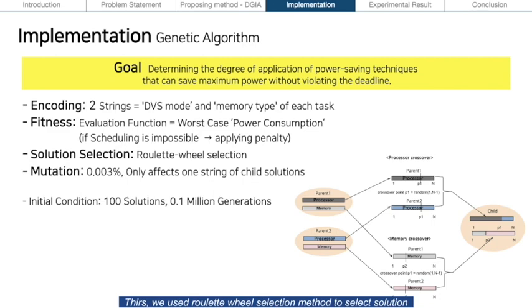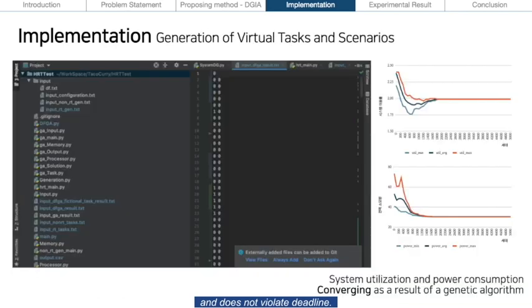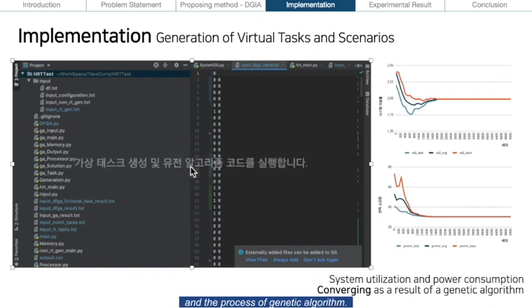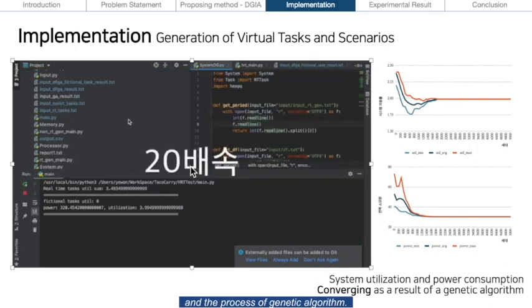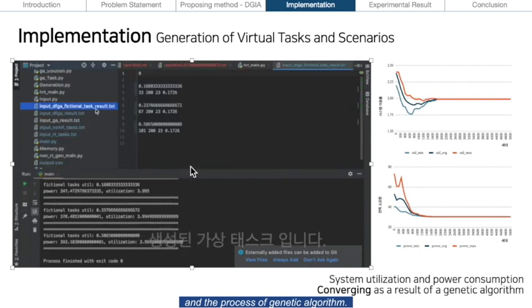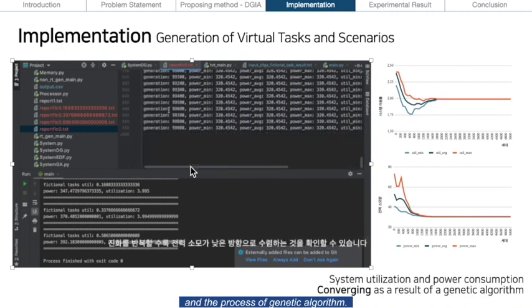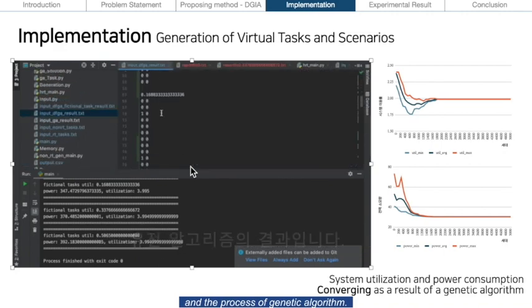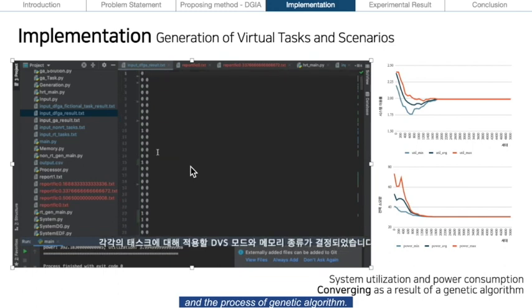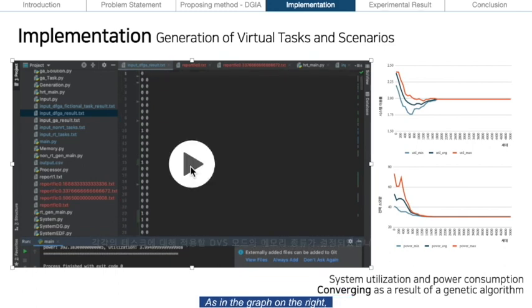Third, we used the roulette wheel selection method to select solutions. In conclusion, we found a solution that has low power consumption and does not violate deadlines. This video shows generation of virtual tasks and the process of the genetic algorithm. As in the graph on the right, the solution converged as the evolution was repeated.